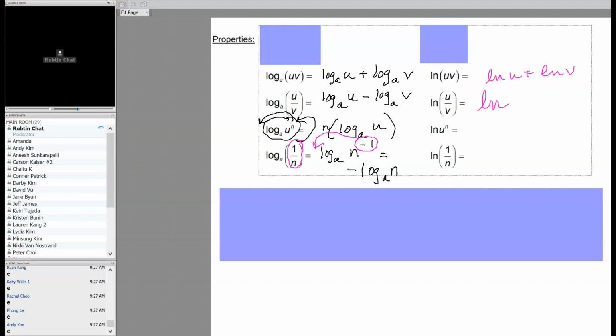This is the natural log of u minus the natural log of v. This is n times ln u. And this is, just like the previous one, ln of n to the negative 1, and that's the same as negative 1 ln n.